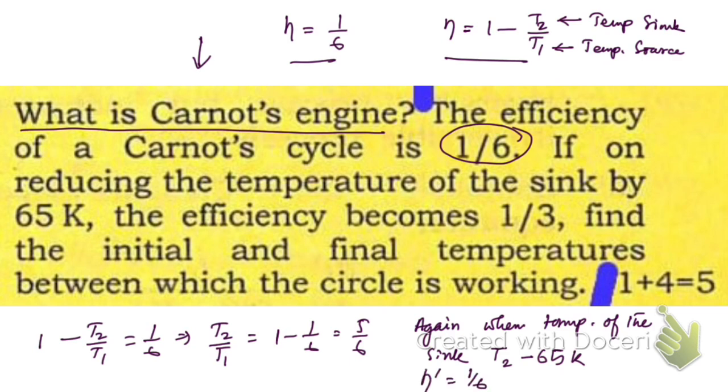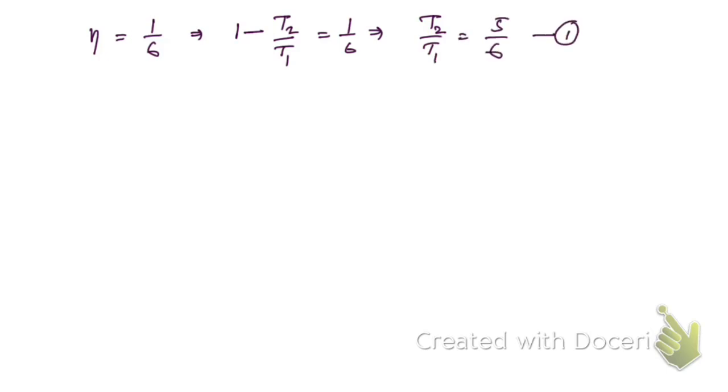Okay, let me take a new slide so that I can explain properly. So this was the given efficiency, that is 1 by 6. So we write 1 minus T2 by T1 equals 1 by 6, which gives T2 by T1 is equal to 5 by 6, right? This is equation number 1.